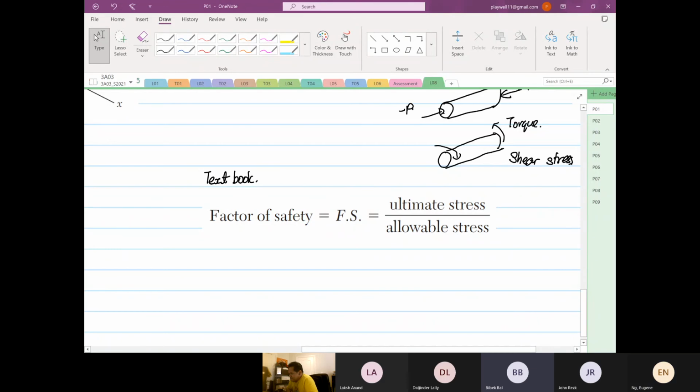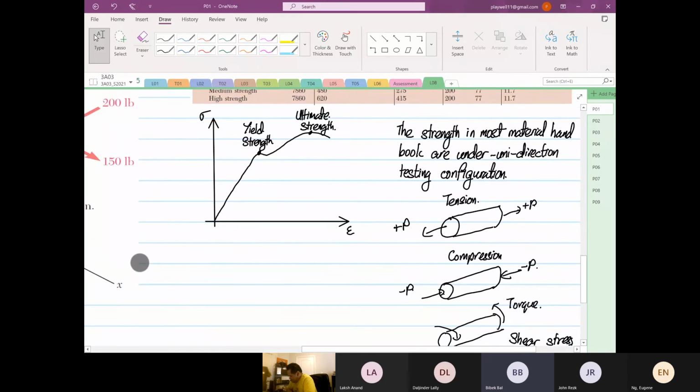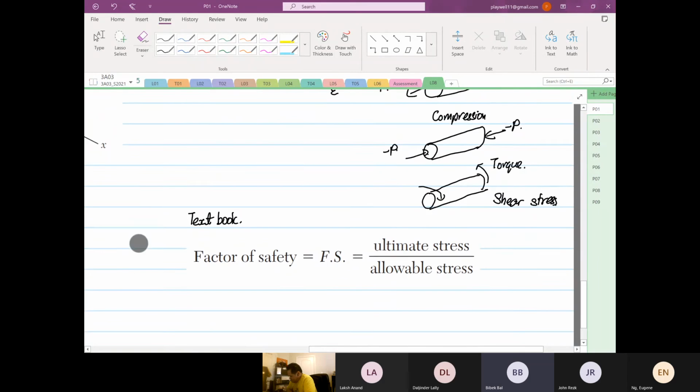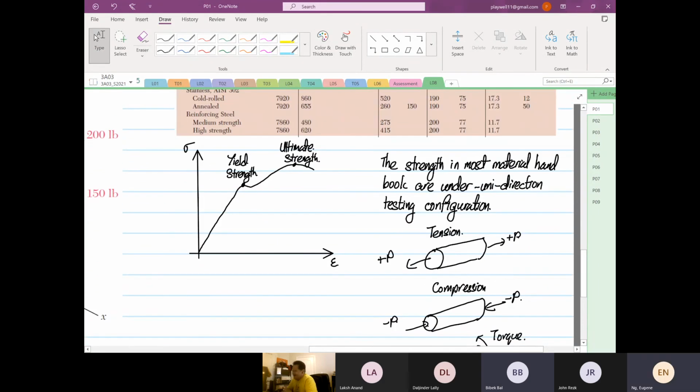I guess if you're looking at it as an absolute, then using the ultimate stress is fine because it is the absolute max. But if you want to be safer, I guess you would use the yield strength. Bebek, you are going to become a very good lawyer.